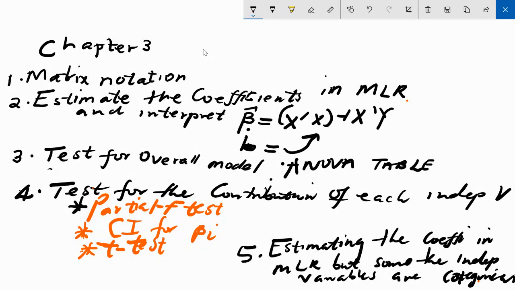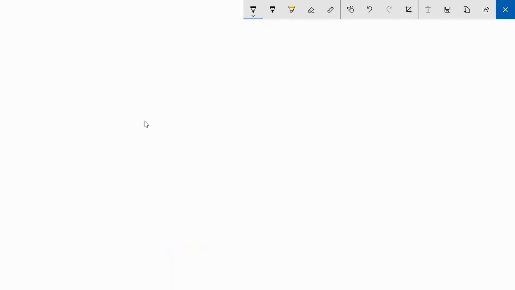But if you recall what we did with Mr. Chabalala, simple linear regression, he asked you to find the coefficient of determination.